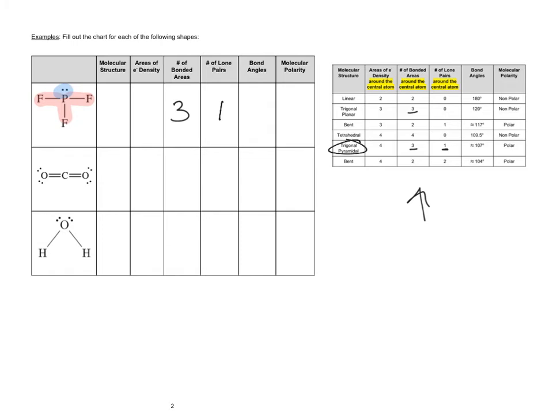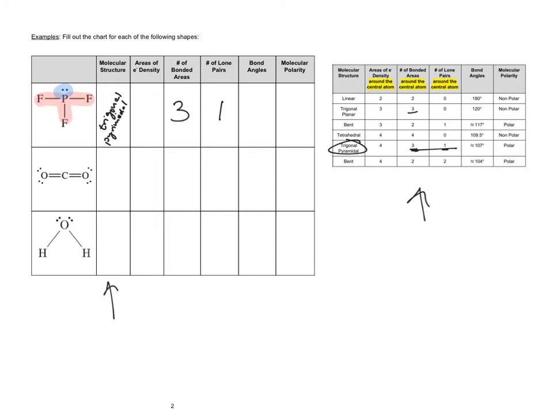So over here for molecular structure, I'm going to write trigonal pyramidal, and I'm going to write it sideways so it'll fit. Really, all I did was take the number of bonds and number of lone pairs, find them on this chart, and drop them over here in this table. And we're going to fill in the rest accordingly.